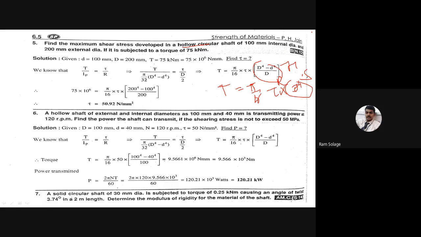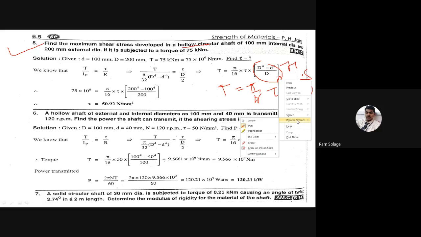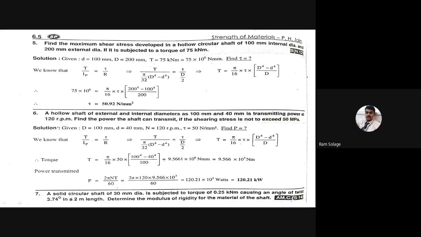Today, we are taking problems on hollow shaft and solid shaft. Already, we have taken 4 problems on solid shaft. Now, this is the first problem on the hollow shaft. Write down problem number 6. A hollow shaft of external and internal diameters 100 mm and 40 mm is transmitting power at 120 rpm.